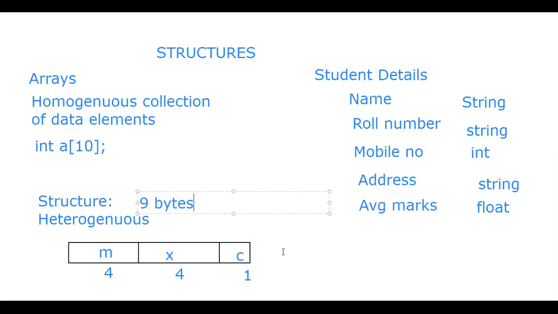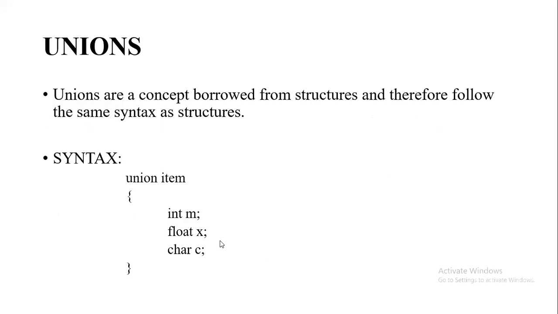Now instead, if this was a union, like how we have defined, going back to the PPT, if we say this is a union, it will take only 4 bytes. How will it store? Instead of storing one next to the other, as in a structure, first 4 bytes integer, next 4 bytes float, next 1 byte character, one by one, each of them stored, the difference between structure and union is that it is stored with the maximum variable memory.